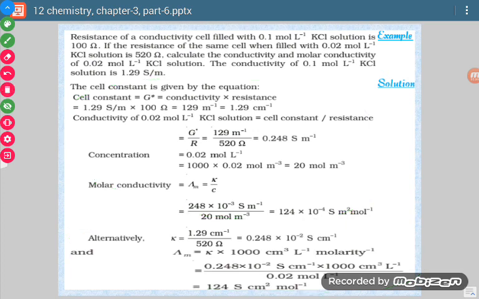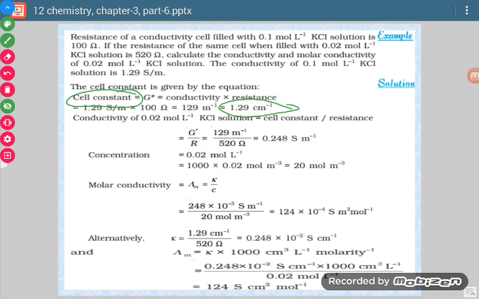First of all, the cell constant we have to calculate from the given data. Conductivity value is given and resistance value is given. When we multiply those two, we get the value of cell constant, and this value comes out to be 1.29 per centimeter.